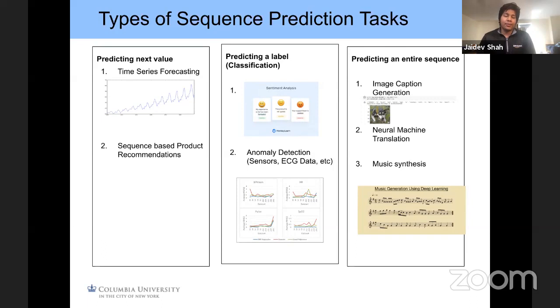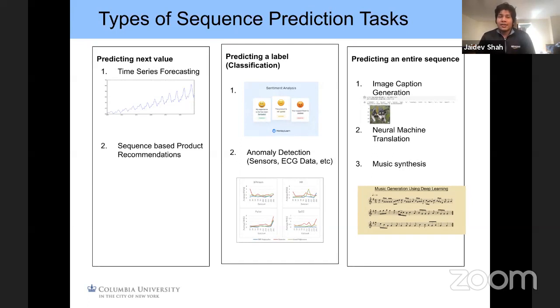So if you have an app like Inshorts or Google Discover feed, you'll see that at the end of the day, what they use behind the scenes is a sequence model that predicts using your history what you will be most interested in watching next. So that's an interesting application of predicting the next value.